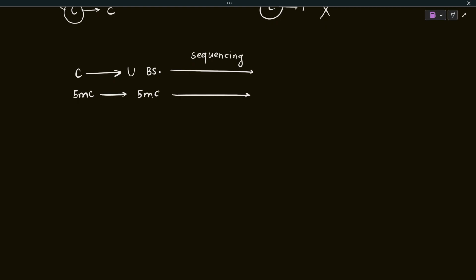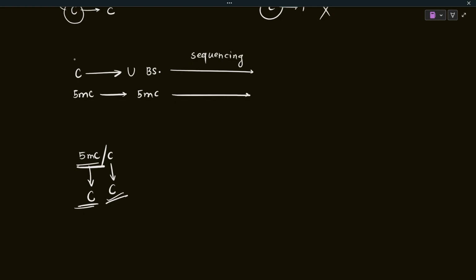Now in the sequencing, we can't differentiate 5-methyl cytosine and cytosine. Whether it is 5-methyl cytosine, it will be read as cytosine. Whether it is cytosine, of course, it will be read as cytosine. So cytosine will be identified as cytosine in the sequencing, but 5-methyl cytosine will also be read as cytosine.